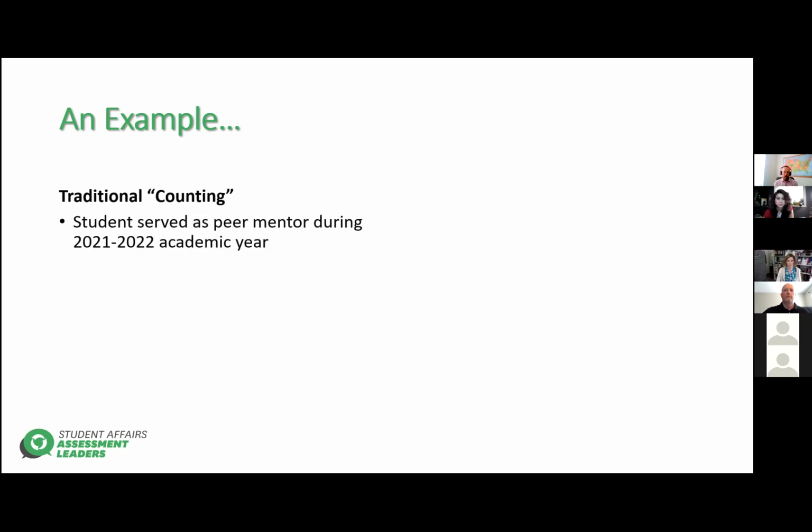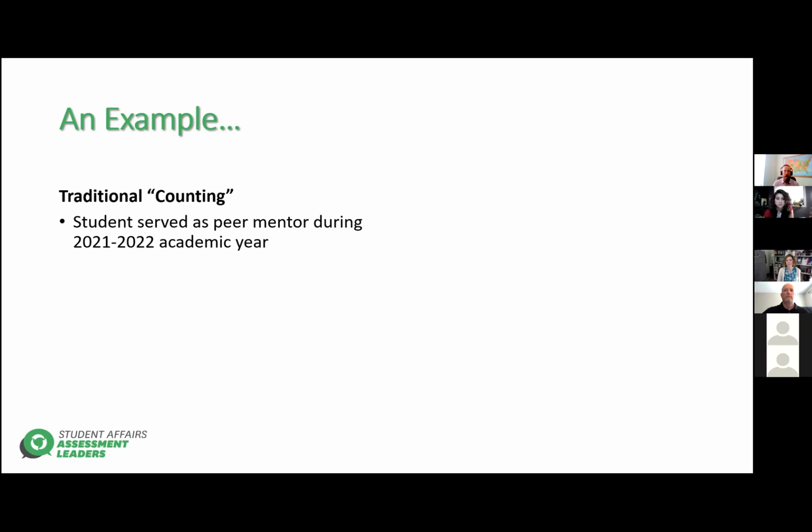But if we think about capturing data in this sort of co-curricular transcript perspective, one of the things that I have resistance about with this idea of the co-curricular transcript is that it gets us back to that, even pre-accountability based method of assessment, which is just counting, just saying students showed up and did it, which I'm a little concerned about.